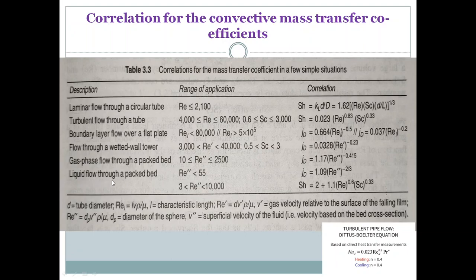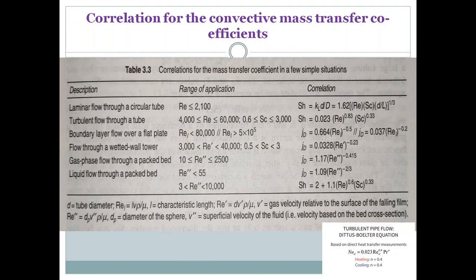Then for liquid flow through a packed bed, if the Reynolds number is less than 55, this equation will be valid, and if it is in this range, then the Sherwood number will be this.